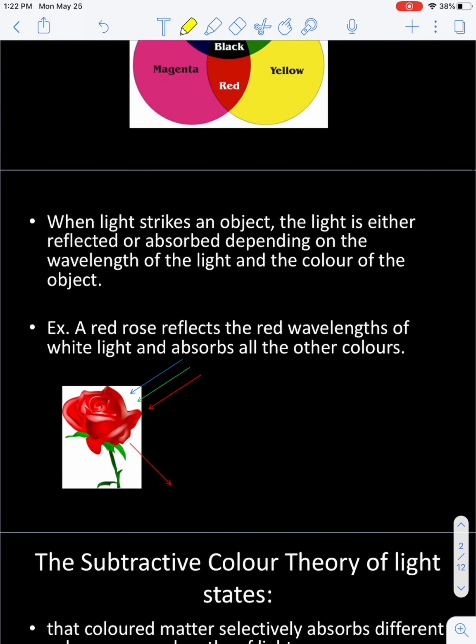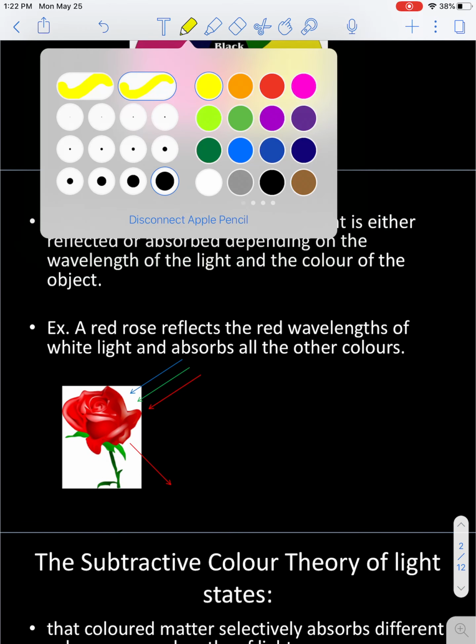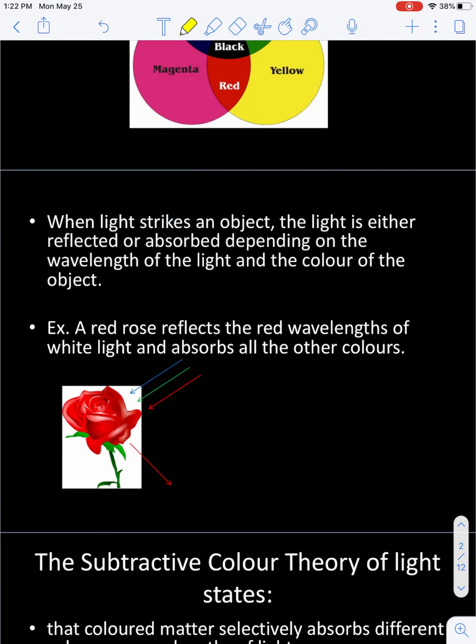So we're going to look at the subtractive theory now. And basically, what we need to look at is what happens when regular light strikes colored objects.